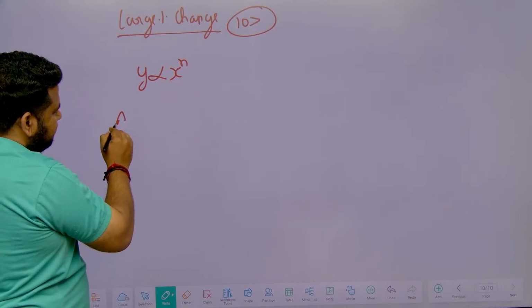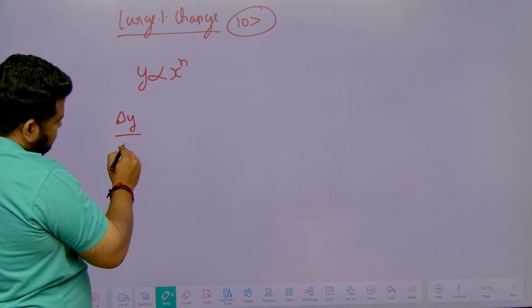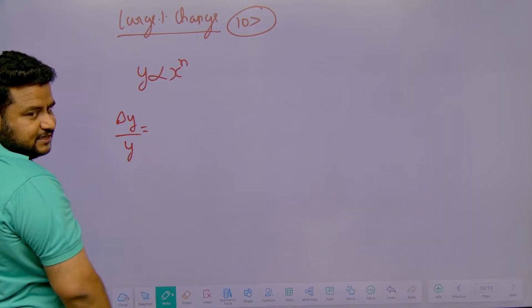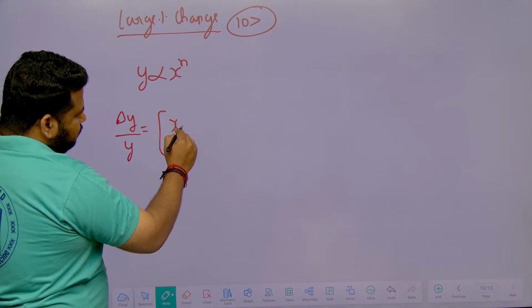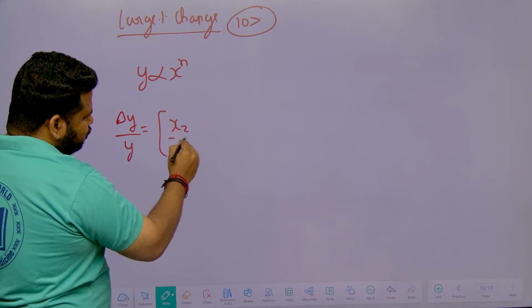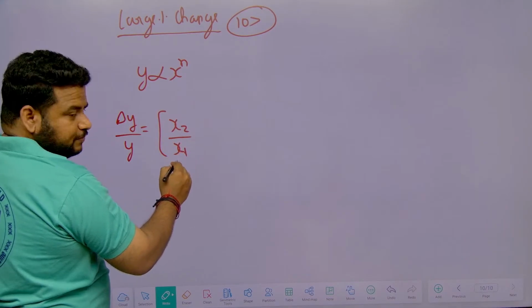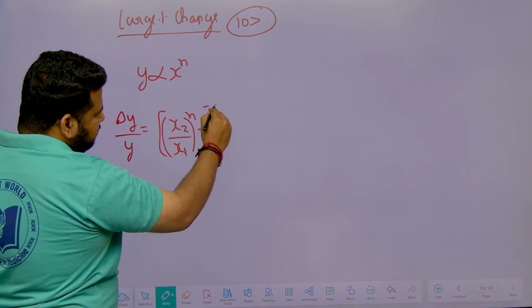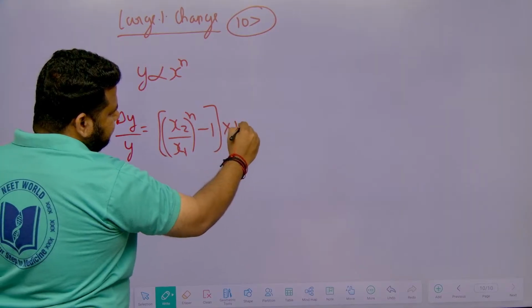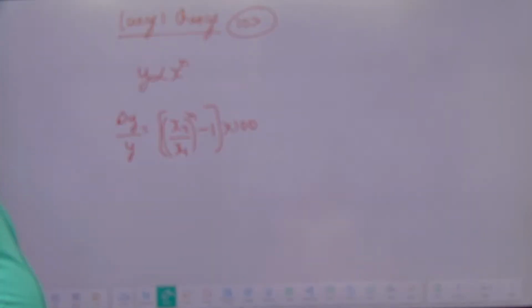We want to find delta y by y. If you want to find the percentage, you just have to remember this formula: x2 by x1 to the power of n minus 1 into 100. How this formula comes, you don't have to worry.